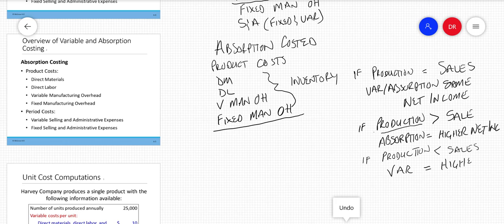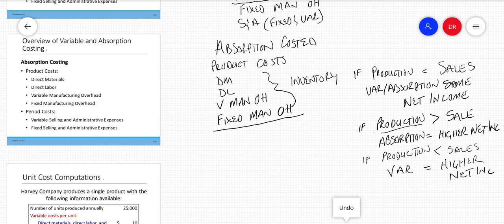All right? And it's because you're not putting as much cost in inventory here, and you're selling more of what you have in inventory. So you're going to have a higher net income.